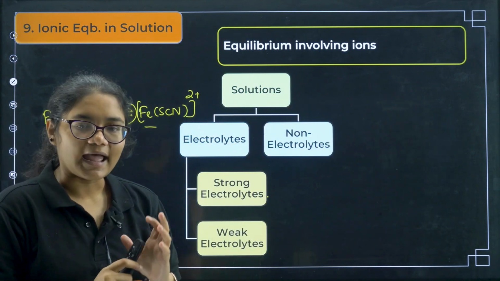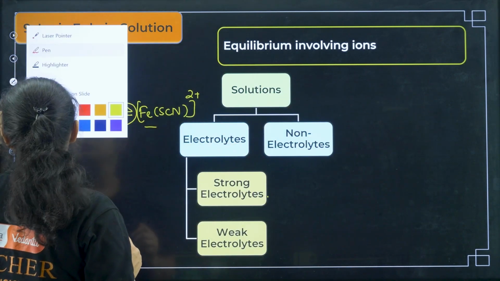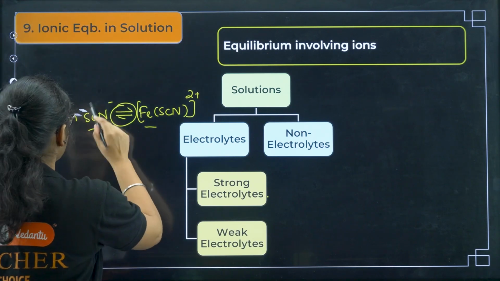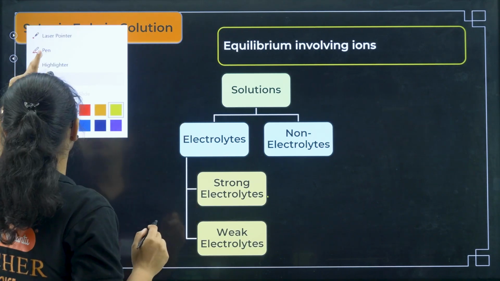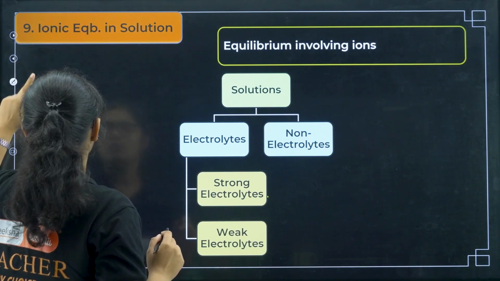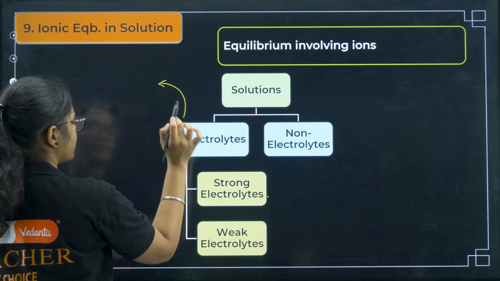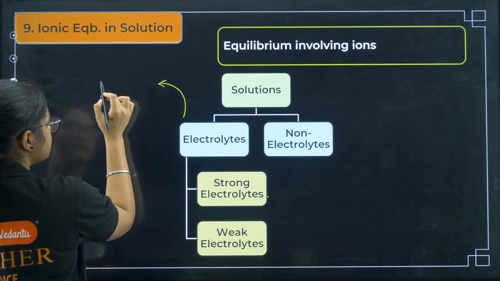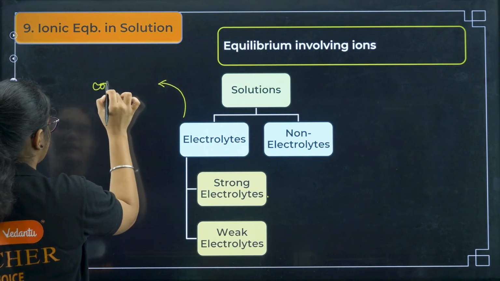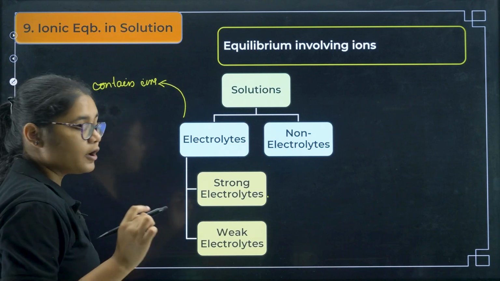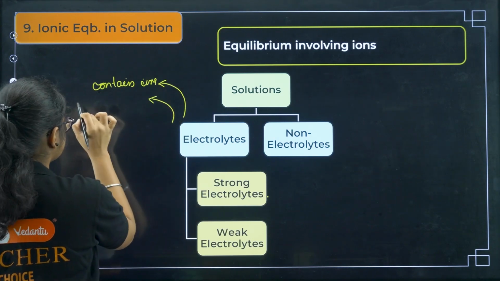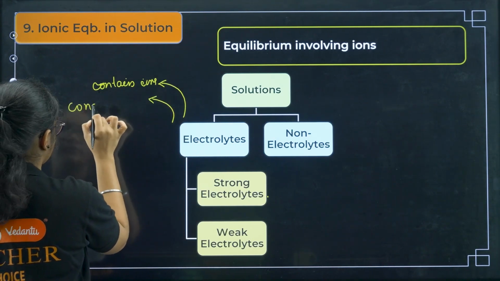Under ionic equilibrium we have two types of solutions: electrolyte solutions and non-electrolyte solutions. Electrolyte solutions contain ions and are a conductor of electricity.